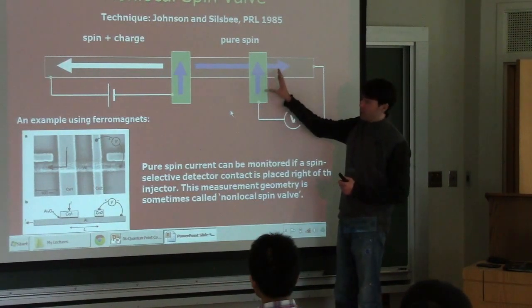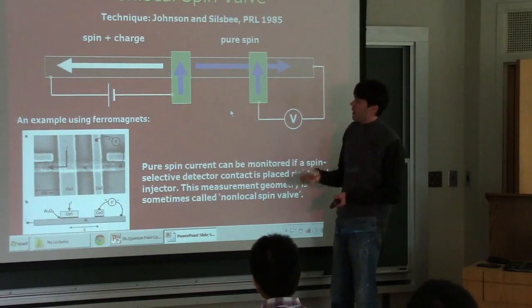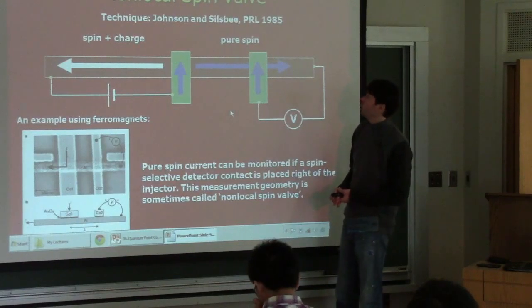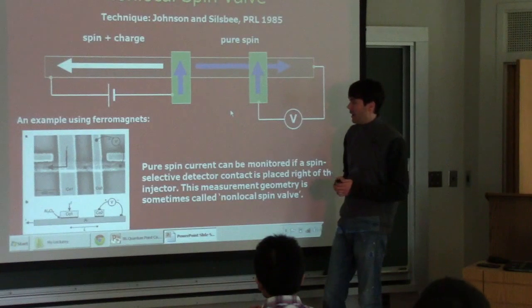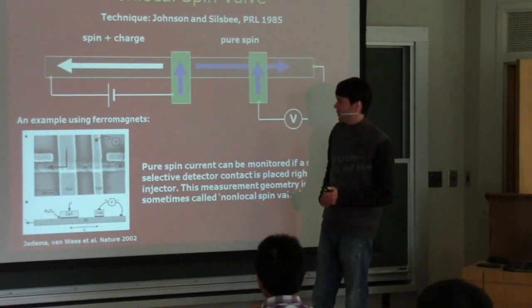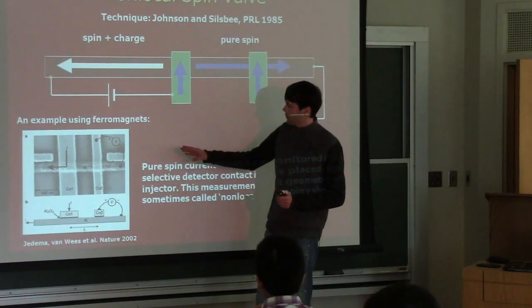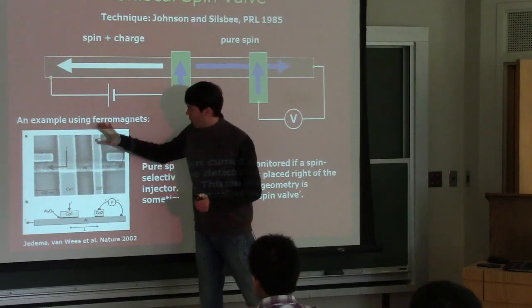And this concept was not, once again, like with many other experiments, done for the first time with two-dimensional electron gases. It was done already in 1985 with just metals, and a little bit later with nanostructures. In this experiment, you can see an aluminum wire with two cobalt electrodes.